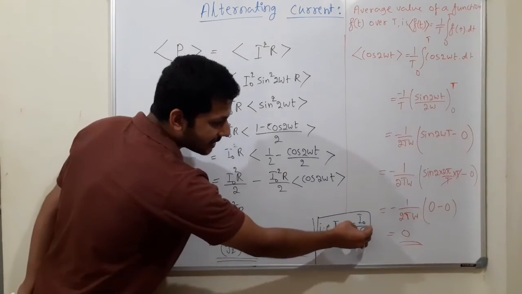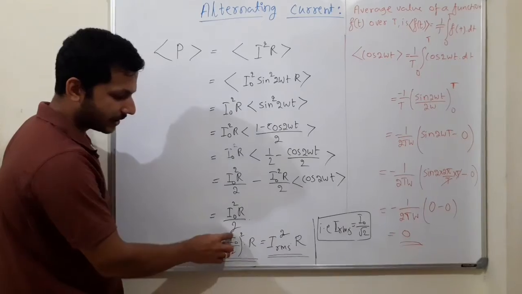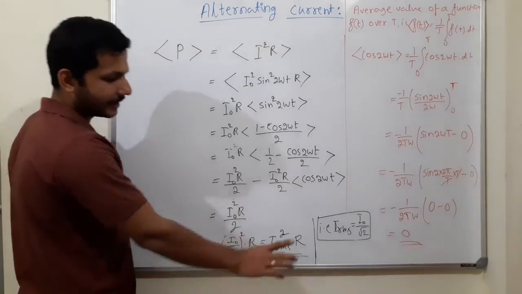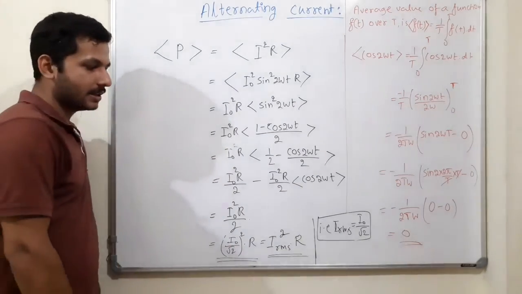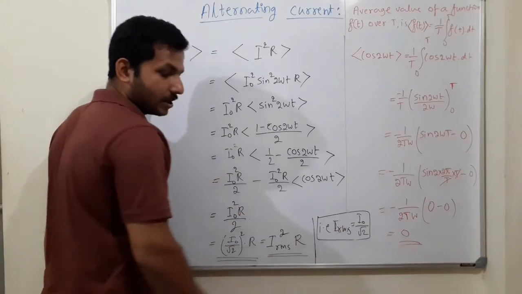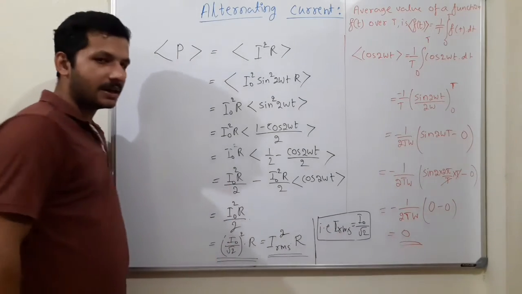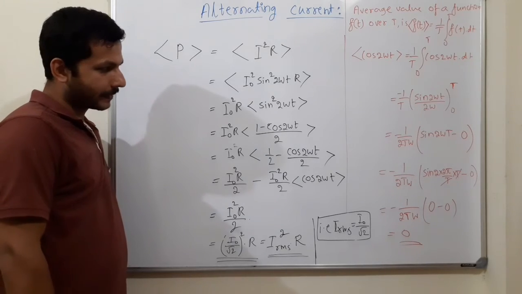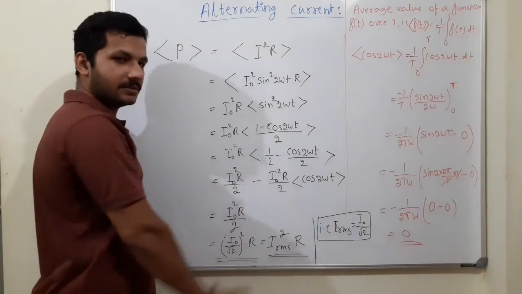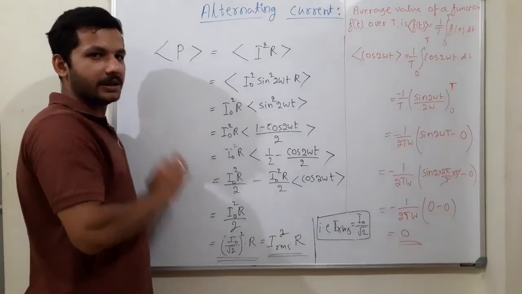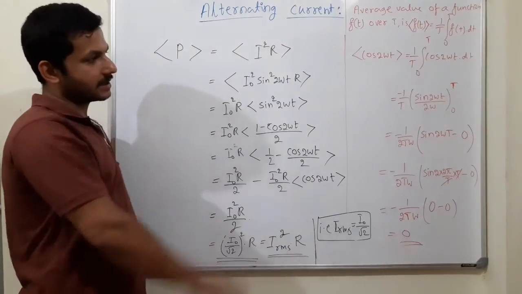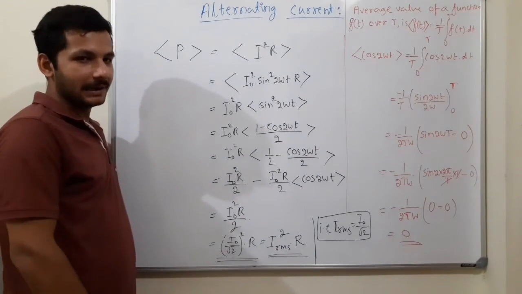That is, IRMS is nothing but I naught by root 2. RMS is nothing but root mean square. So we have derived the whole part now. This is about the derivation, a very important derivation. Pay a little bit of attention and practice it well.